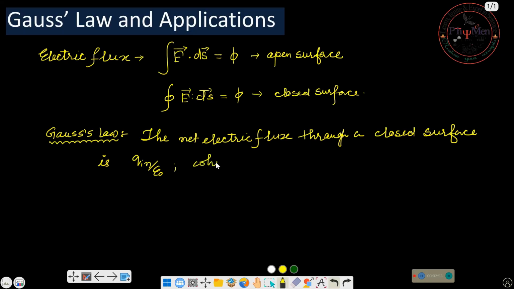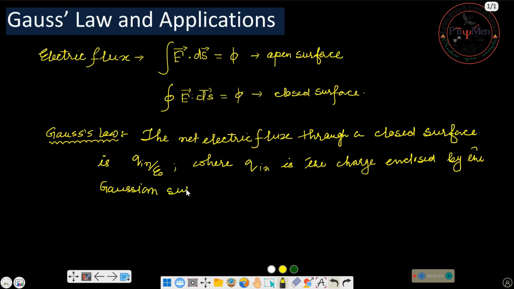Where q in is the charge enclosed by the Gaussian surface, and epsilon naught is the permittivity of free space.